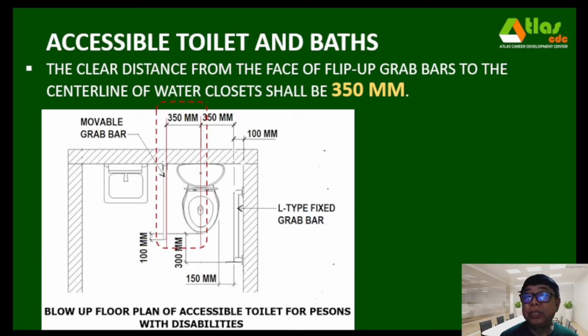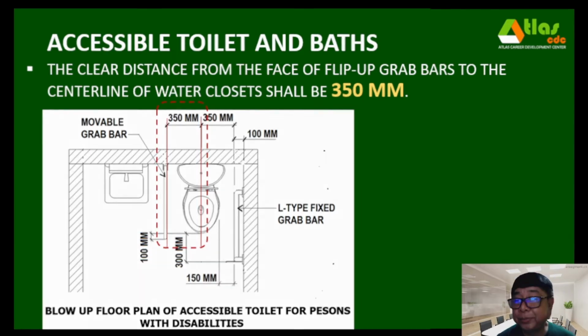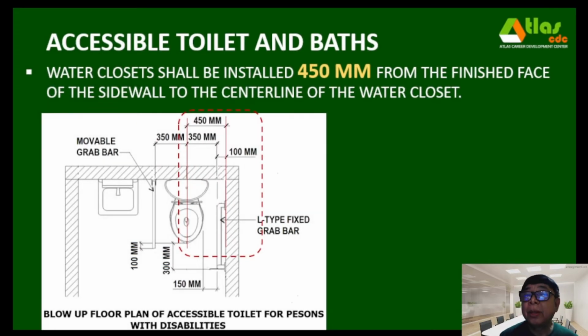Which means that the center line of the water closet is the center of the face of the two grab bars. Now, water closet shall be installed 450 mm from the finished face of the side wall to the center line of the water closet. So this is the finished face. Center line of the water closet is at 450 mm.